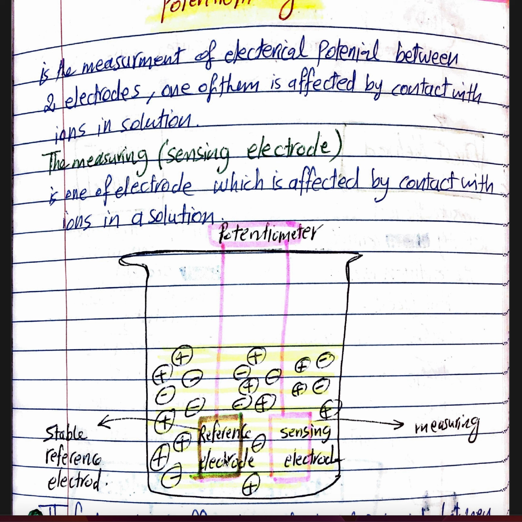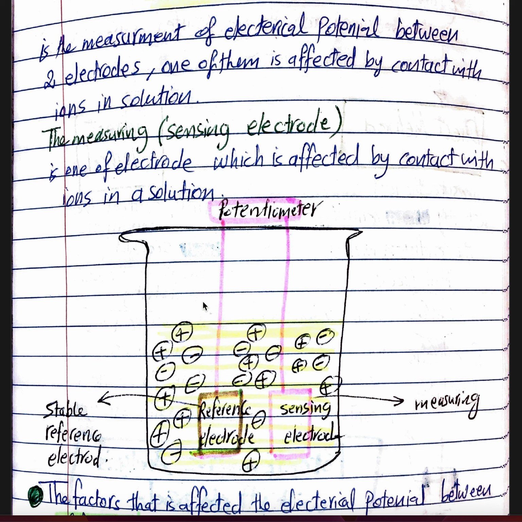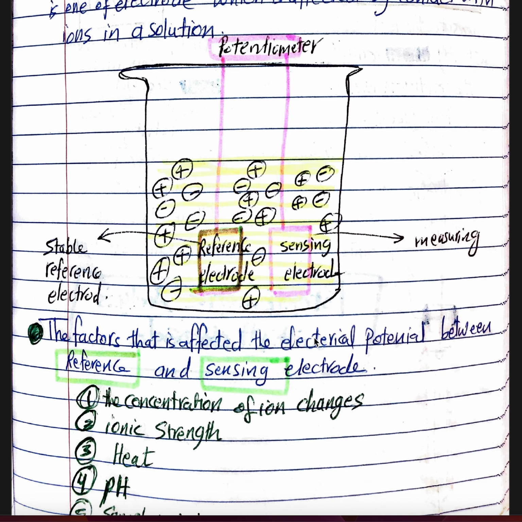The reference is stable, just like its name, and the sensing electrode measures the electrical potential present in the solution. It is the electrode that is affected by the ions present in the solution.